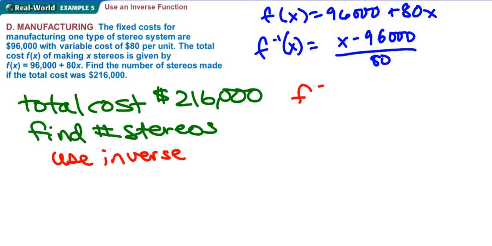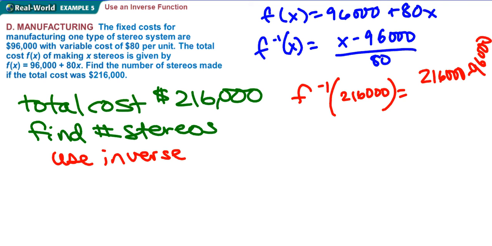So we want to find f inverse of 216,000, and you'll have to tell me what that is. 216,000 minus 96,000 divided by 80.